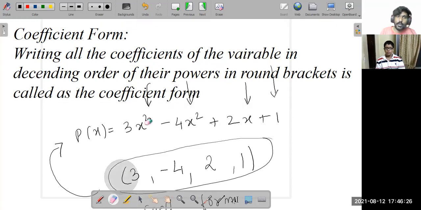Is coefficient form clear? Have you understood now what coefficient form is?